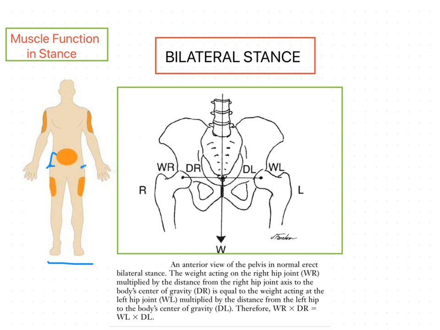This weight is transmitted through the sacroiliac joints. Normally the center of mass is present on the anterior aspect of the body of S2. From there it is transmitted to the sacroiliac joints and then to the hip joints.